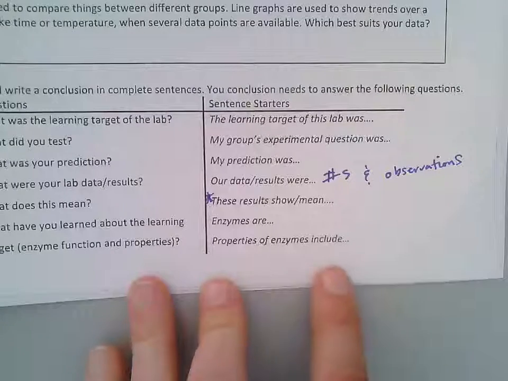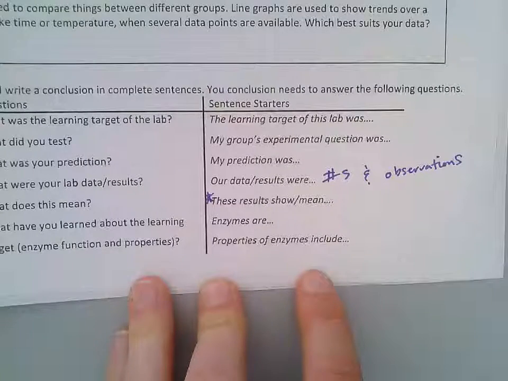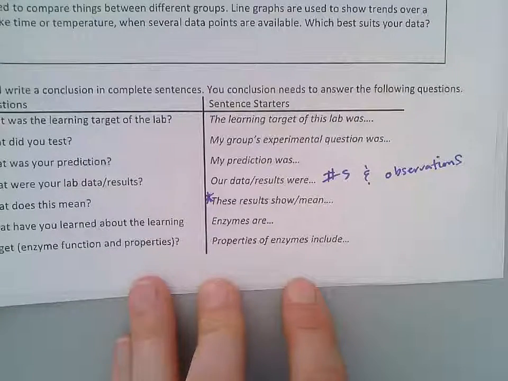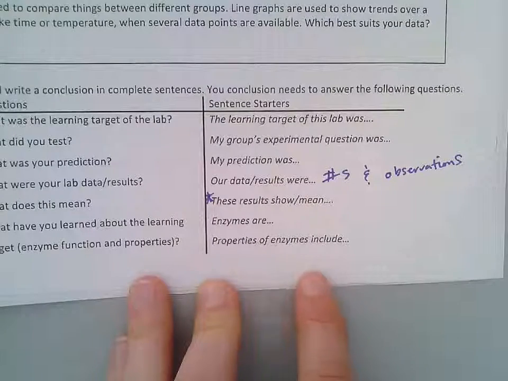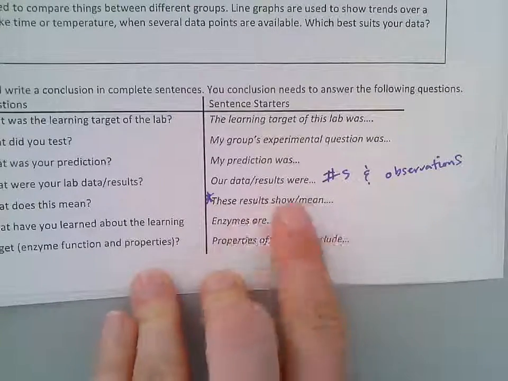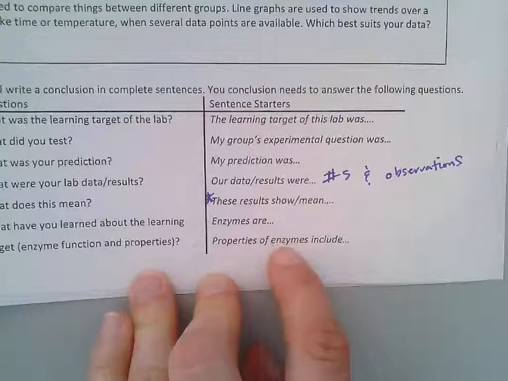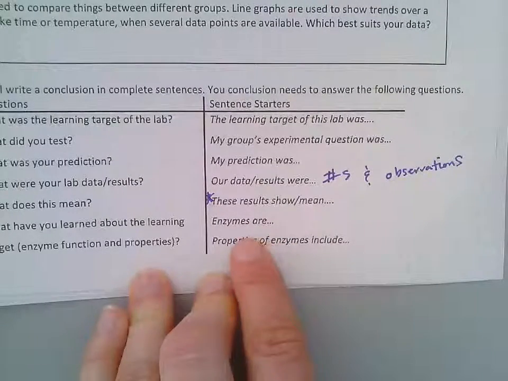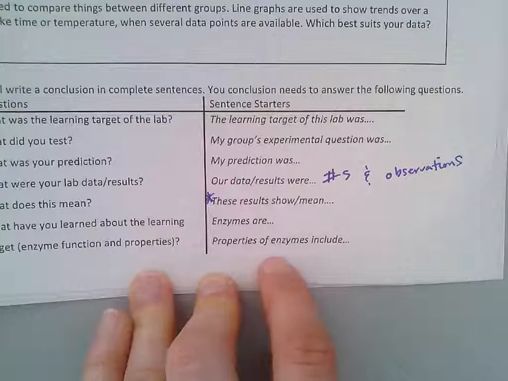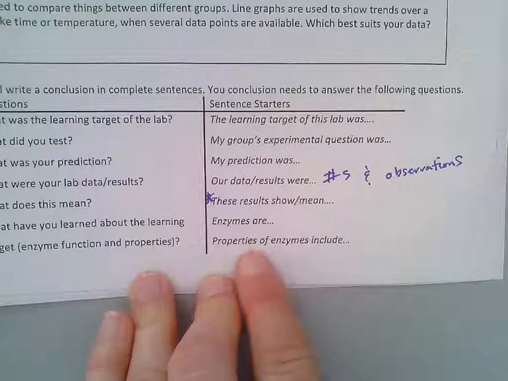Not every lab goes according to plan, and not every lab gives us strong results. So that means that sometimes our results are not consistent with the actual properties of enzymes. So if that is the case, then that's okay. We don't change our data. Our data is what it is.